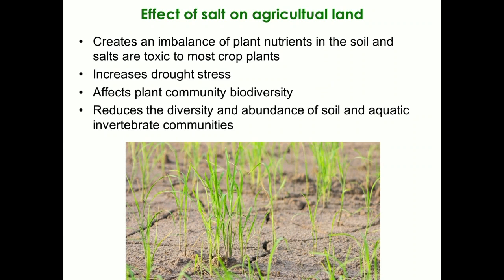So crop plant growth is inhibited and limited. From an overall plant community perspective, biodiversity is limited on more saline lands, and invertebrates and microorganisms are also very sensitive to salt. A lot of organisms are sensitive to high levels of salt, apart from a few that have adapted, and these are rarer species, so the overall species abundance and composition is reduced.